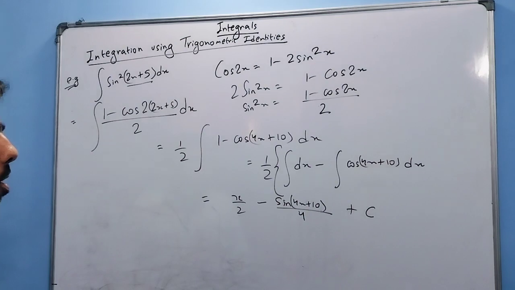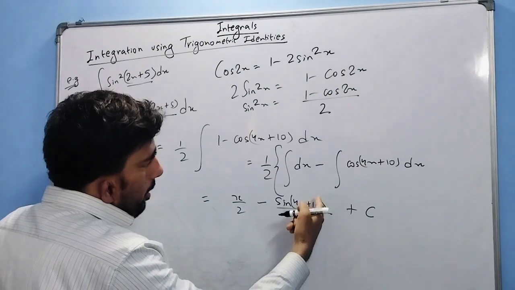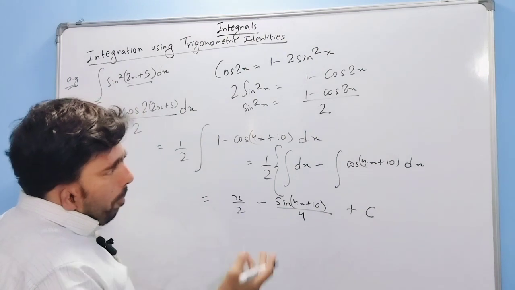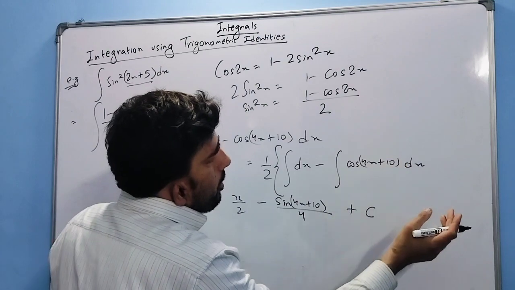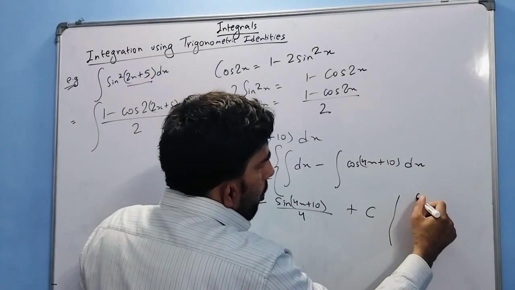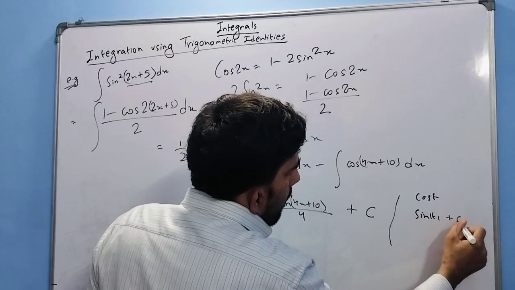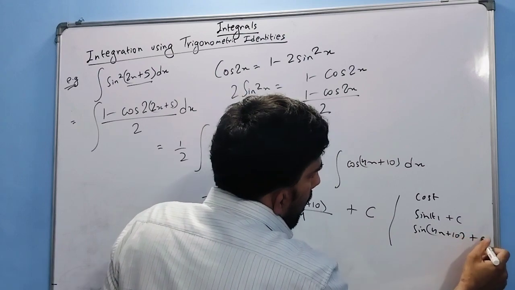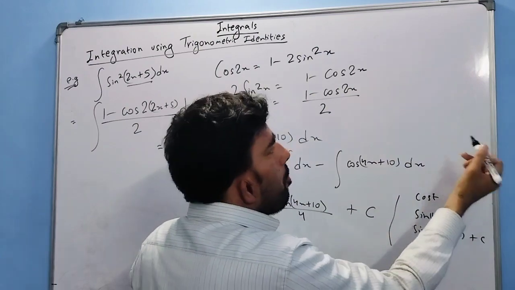That is how we are able to solve the numerical here. The integration of cos x is sin x, and we can apply substitution, taking 4x plus 10 equal to t. Then we have cos t, and the integration of cos t is sin t plus c. Now, how does 1 upon 4 come here?